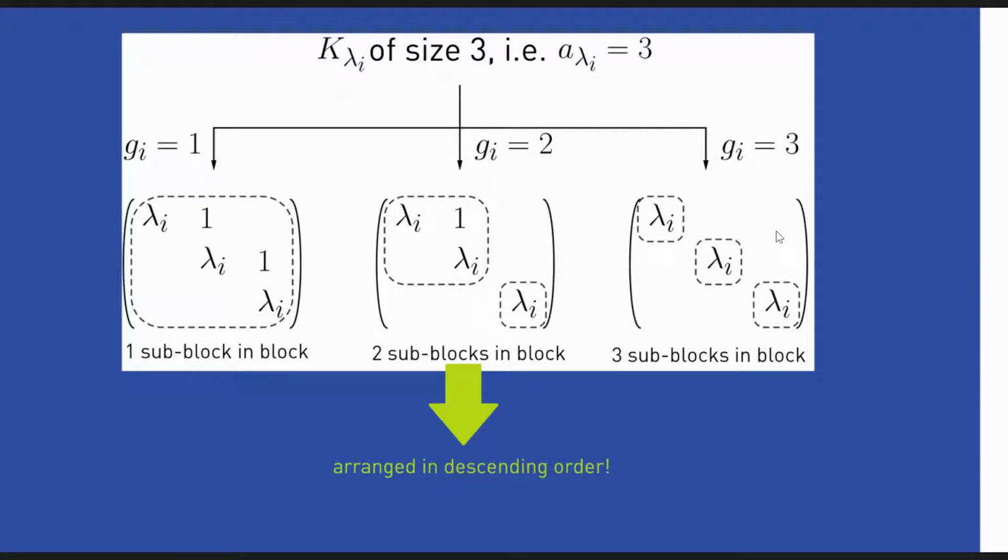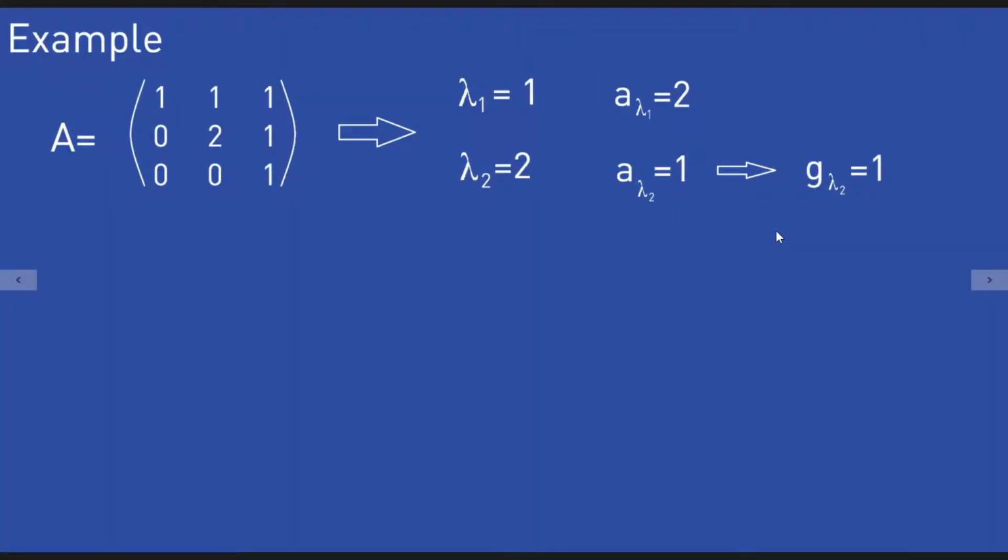Now let's take a look at some examples. The first example is the following. We have given a 3 times 3 matrix A, and the first thing we have to do is to calculate the eigenvalues of this matrix A. Because the matrix A has 0 at these points here, this is pretty easy, because the eigenvalues are in this case just the values here on the diagonal.